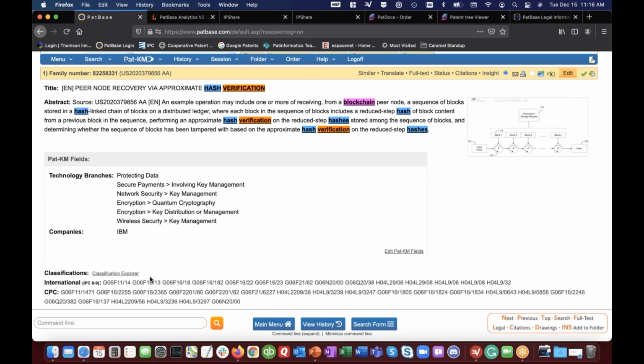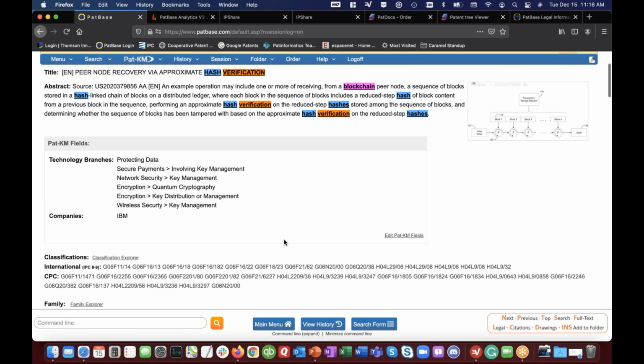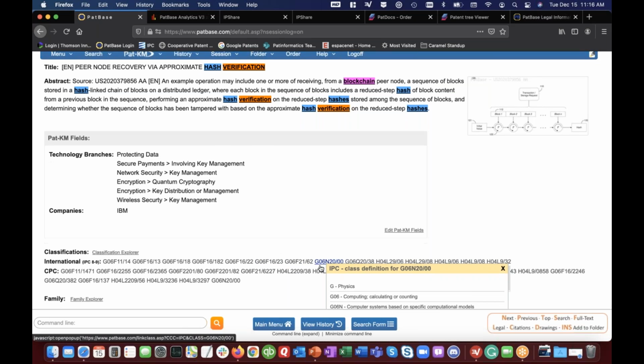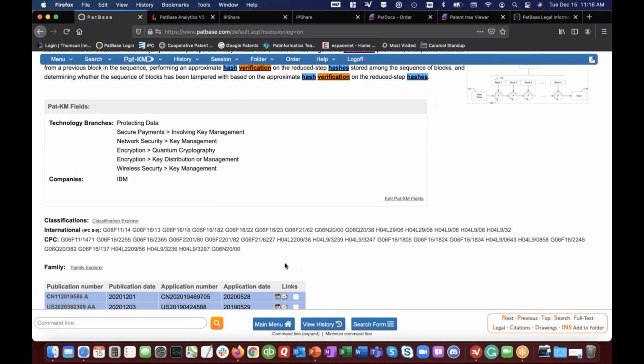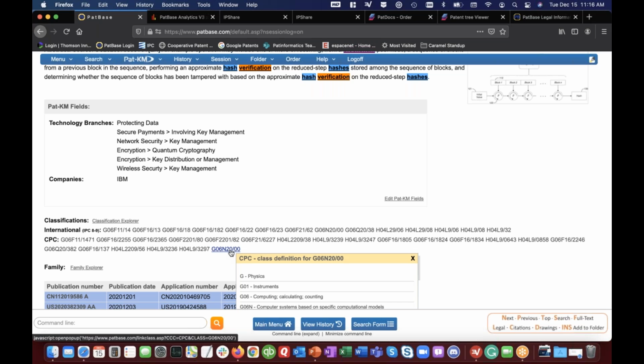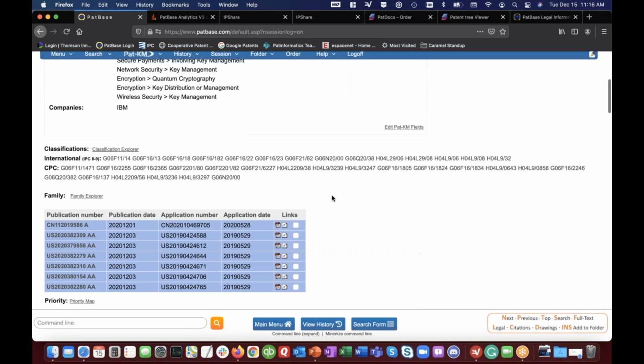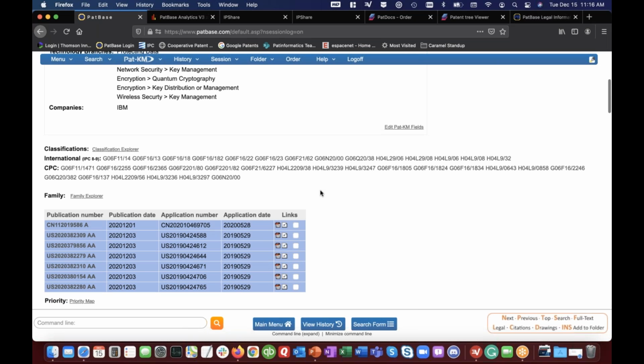And I know that for a variety of reasons, but not the least of which is that, where is it? This is the machine learning code. But the code in here, G06N10, is in here for quantum computing, and so that's why I've tagged this one with the quantum computing code.